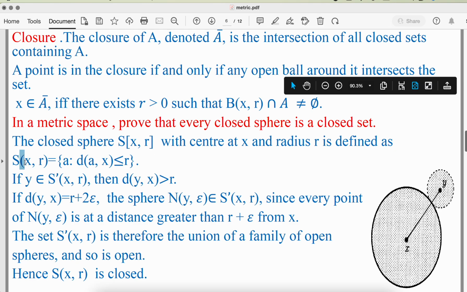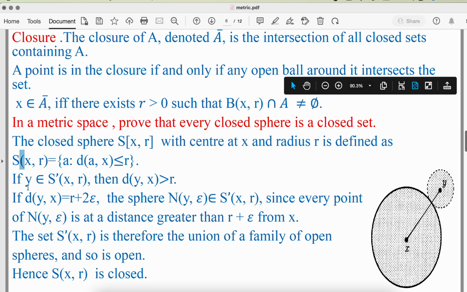It should be closed bracket here. S[x, r] is equal to the set of all the points a such that distance of a from x is less than or equal to r. So this is the definition of closed sphere. In case of open sphere, we have only less than sign here. In case of closed sphere, we have less than or equal to sign here.